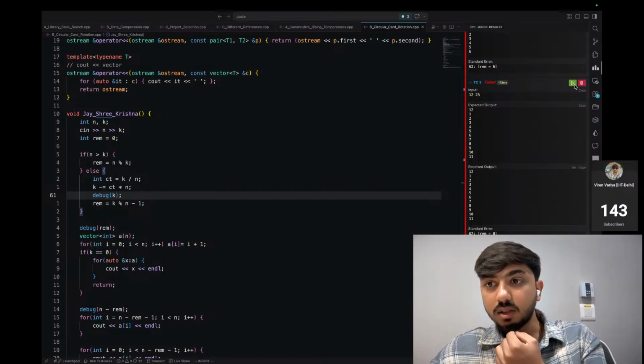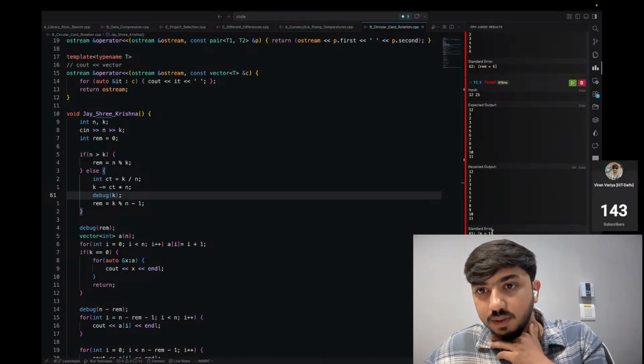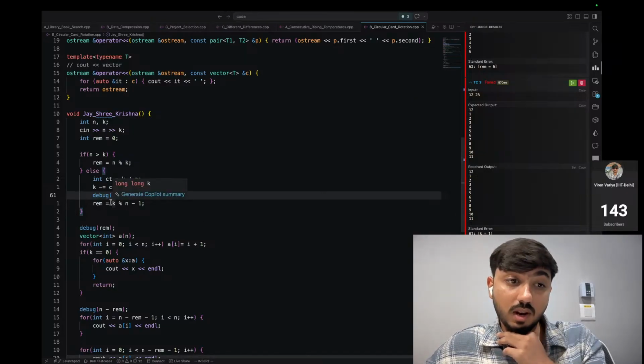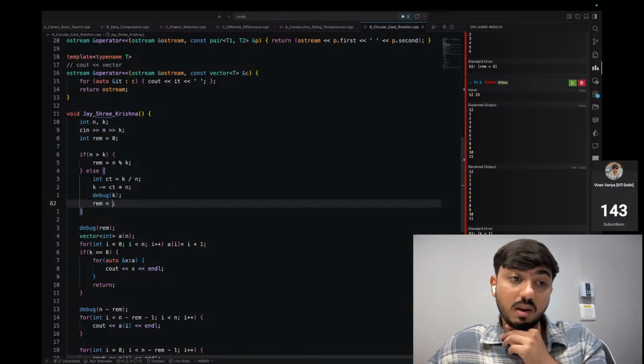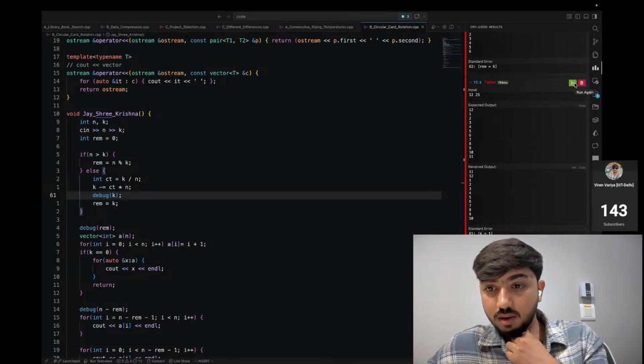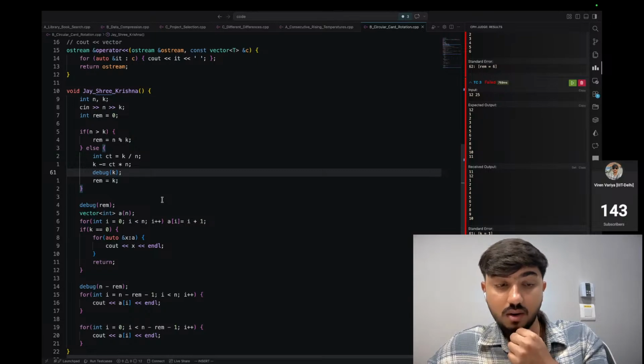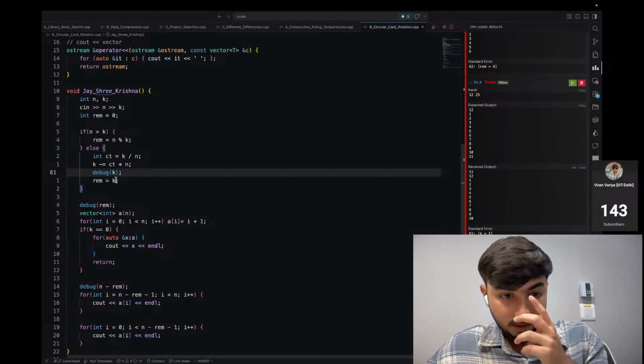And just a sanity check. K is 1. K is 1. K is 1.